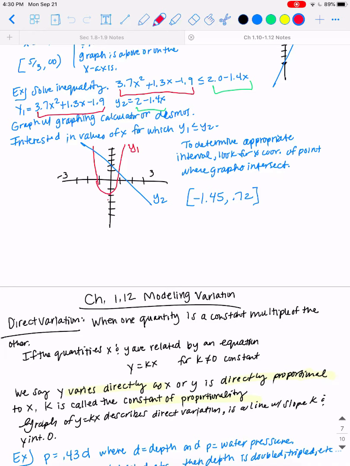Okay, so we're interested in the values of x for which y1 was less than or equal to y2. So this is my Desmos graph on here. So to determine the appropriate interval, we're going to look for the x-coordinate of the point where the graphs intersect. So y1 is our red, and then y2 is our blue. So the values for x where the red is less than or equal to the blue, those are these y values.